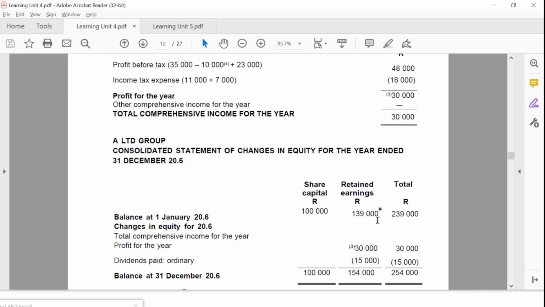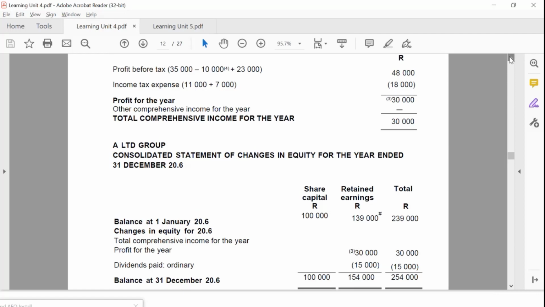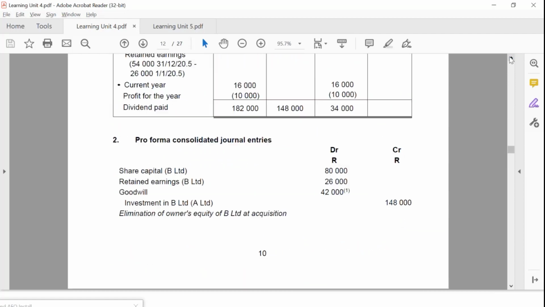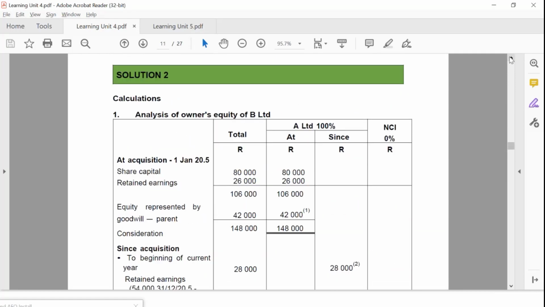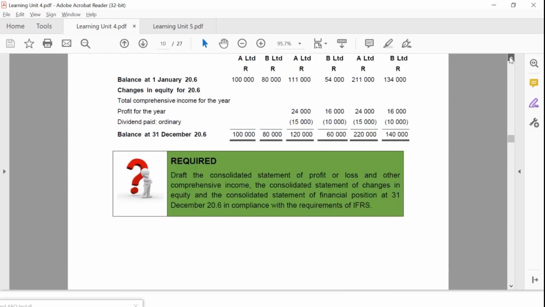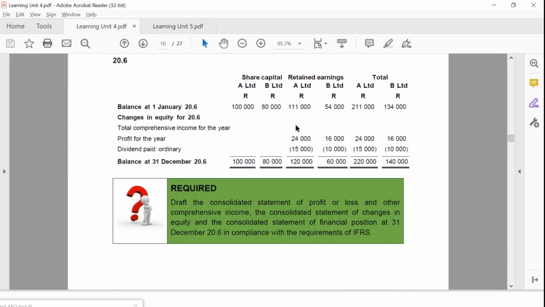Retained earnings. So you also combine the retained earnings at the beginning of the year. At the beginning of the year, what was the retained earnings? It was 111,000 plus 54,000.